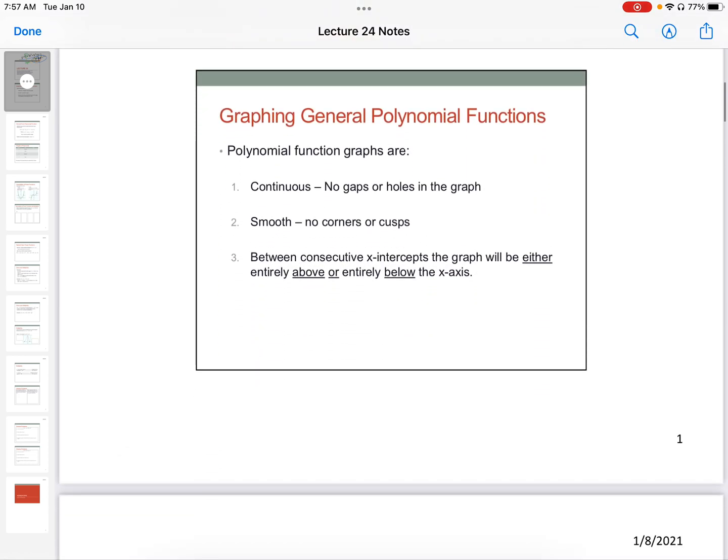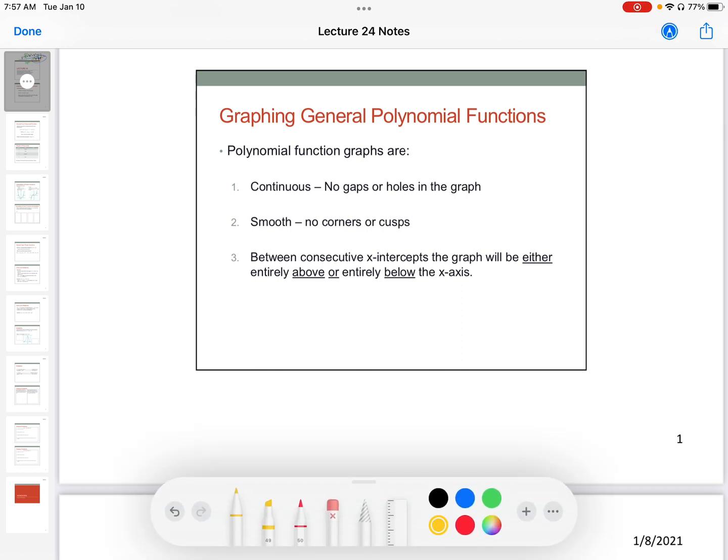Okay, so graphing general polynomial functions. First off, polynomial function graphs are continuous. This means that there are no gaps or holes. Basically it's just some sort of a squiggly line that makes it a continuous function. It is smooth. There are no corners or cusps as you are working through these.